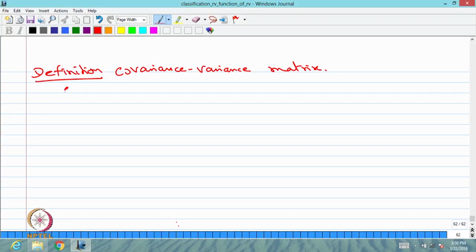Let capital X be a random vector for the random variables X1, X2, and so on, Xn.